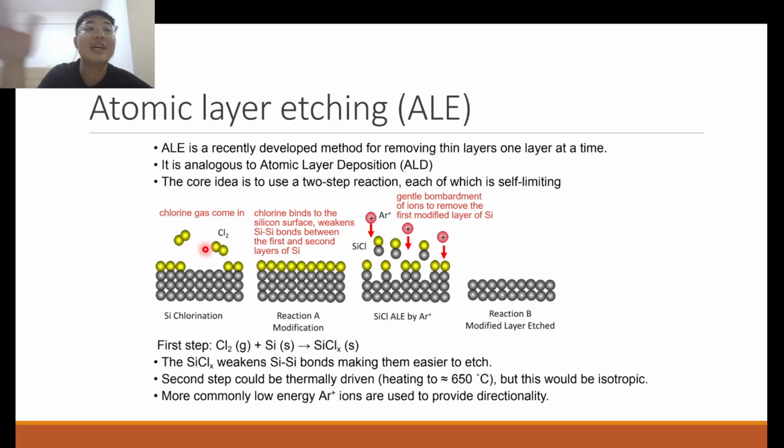However, only the first layer is susceptible to the effect, because only the first layer of atoms had bound themselves to the chlorine atoms. So it must be gentle. The gentle bombardment of the argon ions will only remove the first layer of silicon atoms from a silicon wafer. And this process is then repeated to remove layer after layer of the silicon, achieving a form of etch that can be done atomic layer by atomic layer.